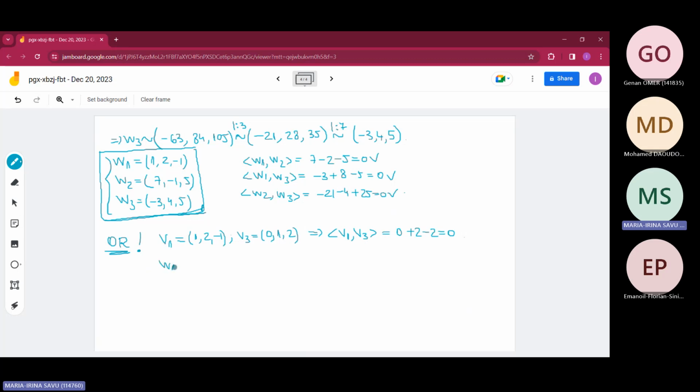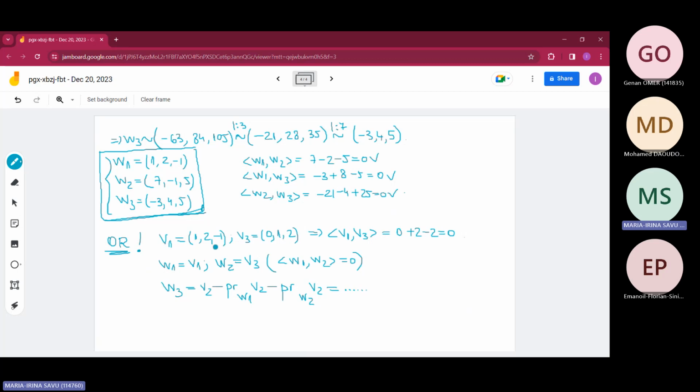So W1 can be seen as V1, and W2 is V3. You know that W1 and W2 are perpendicular because V1 and V3 are perpendicular. And then you have to find W3 using V2. So this will be V2 minus the projection of V2 onto the first vector W1, minus the projection of V2 onto the second vector W2. And then you just make this computation to find W3.